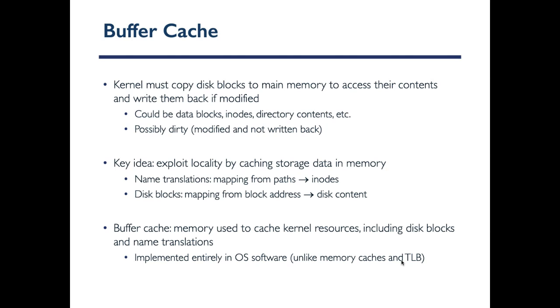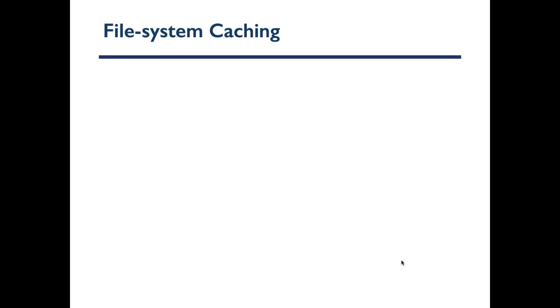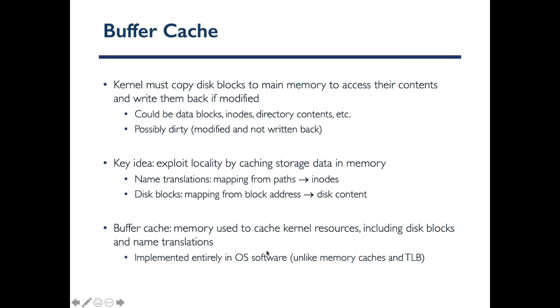Many operating systems actually have this, and it helps speed up the performance of your operating system and kernel. One thing to note is that unlike TLBs and your L1, L2, L3 caches, this is entirely implemented in software. So the hardware doesn't know about it, right?